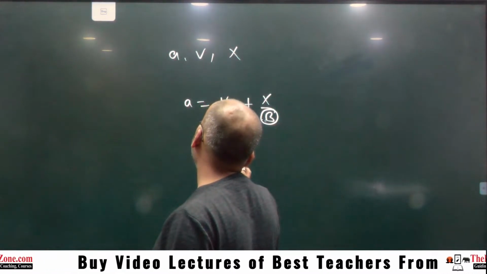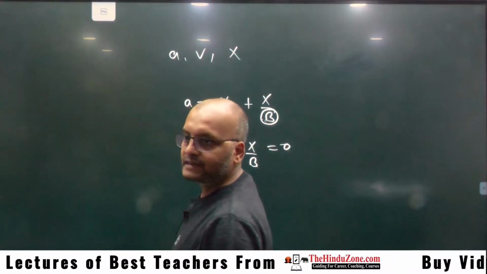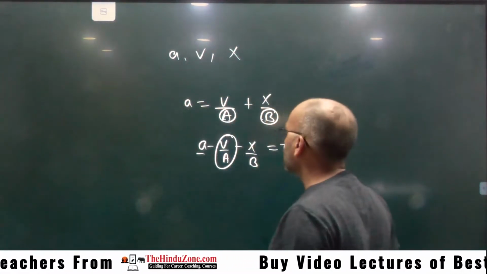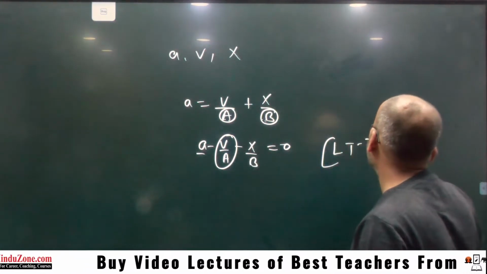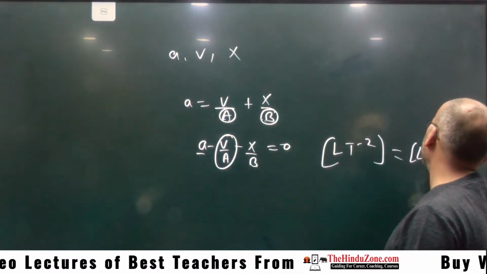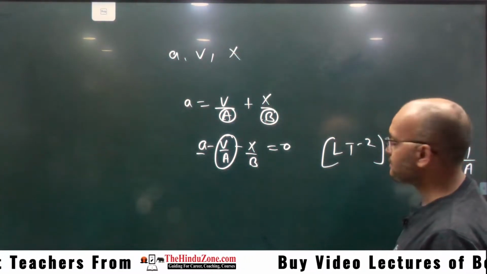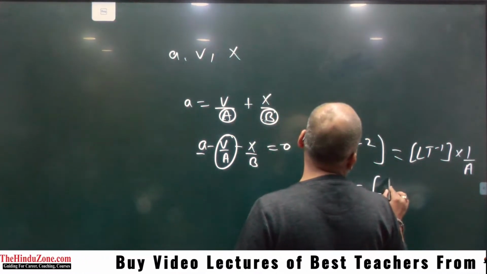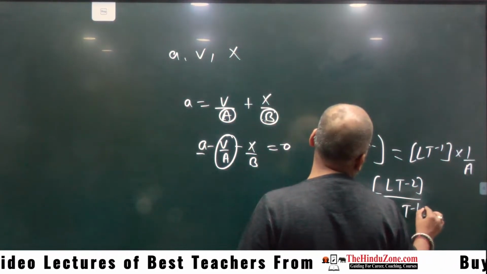V upon A minus X upon B is equal to 0. That means the dimension of acceleration and V upon A should be the same. So LT minus 2 is equal to LT minus 1 into 1 upon A. So 1 upon A is equal to LT minus 2 upon LT minus 1.